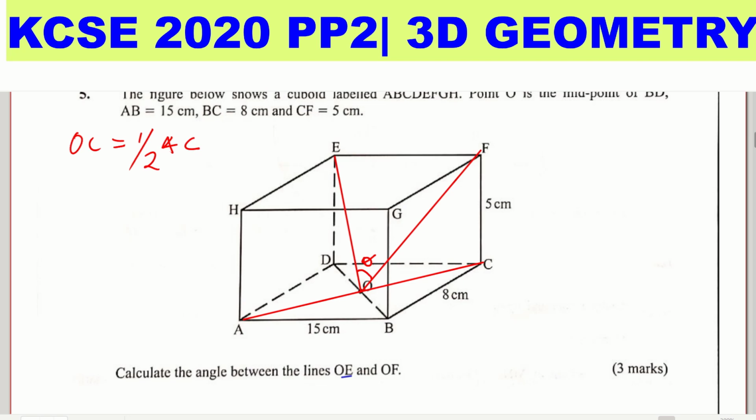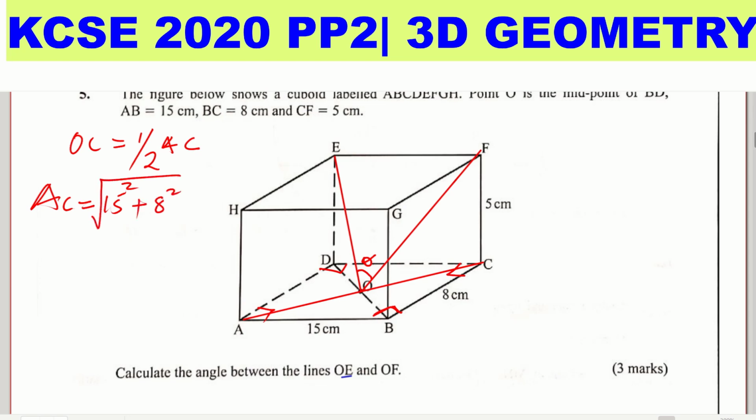You're going to use this triangle ABC, because this one is a cuboid and these angles are 90 degrees. So these are right angles. So using triangle ABC, which is a right angled triangle, AC will be the hypotenuse. So AC will be given by 15 squared plus 8 squared.